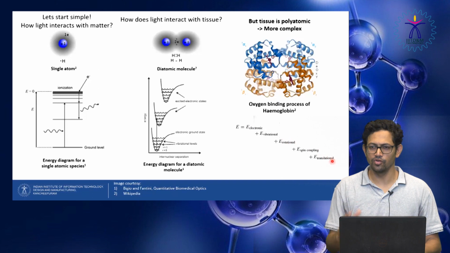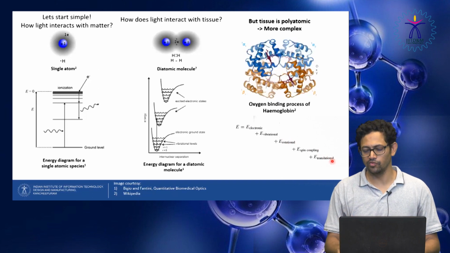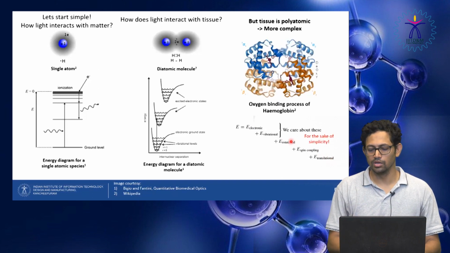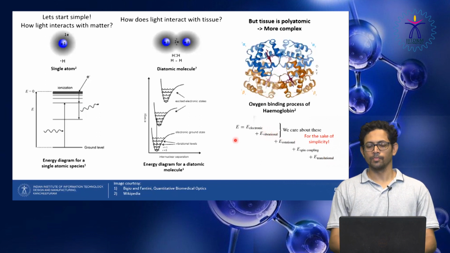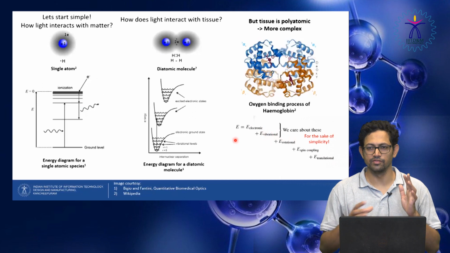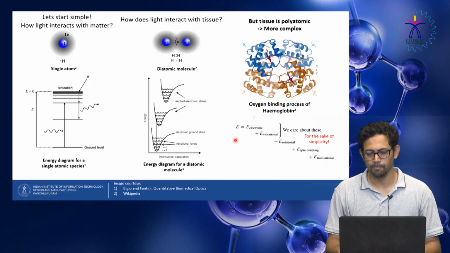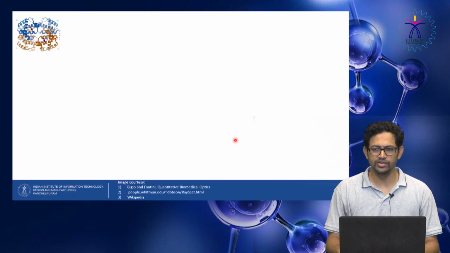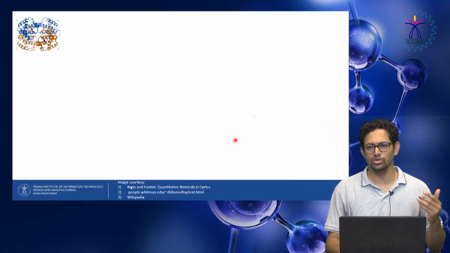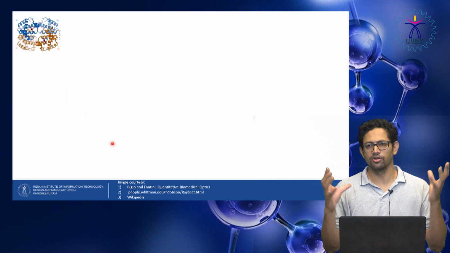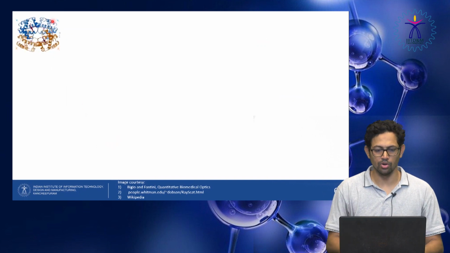But for the sake of simplicity, we will choose only electronic and vibrational states to understand how light interacts with the tissue. Okay. Now considering only the electronic and vibrational states, let us see how light interacts with the polyatomic molecule. So this is the polyatomic molecule, that is the hemoglobin.